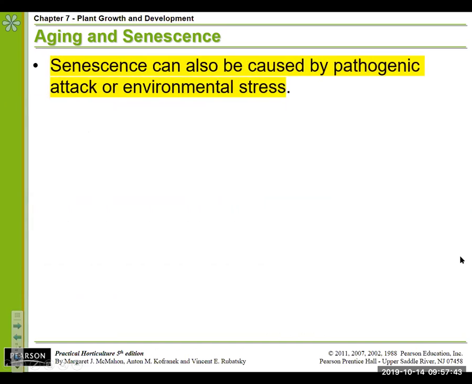It's fascinating. We also can have senescence not just due to the life cycle of the plant, but caused by environmental stresses and other life forms. Organisms such as the pests, pathogens, and parasites that attack plants can trigger senescence.